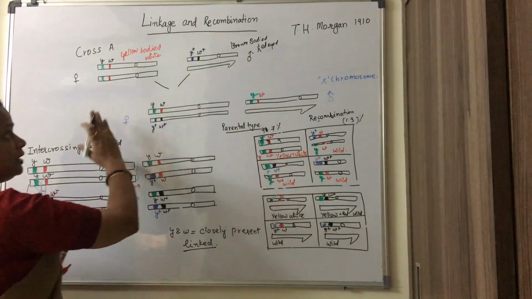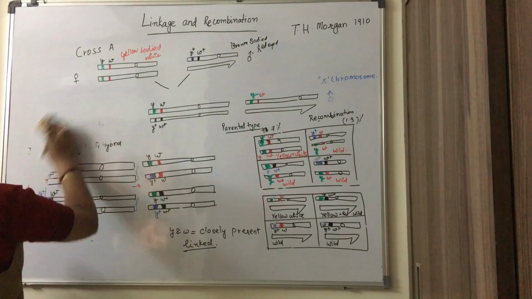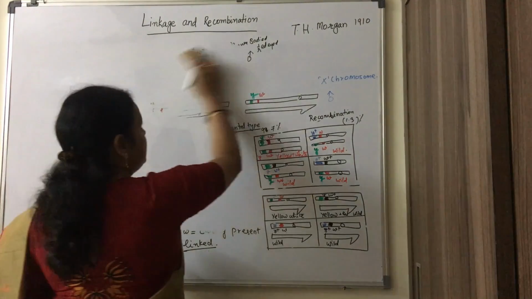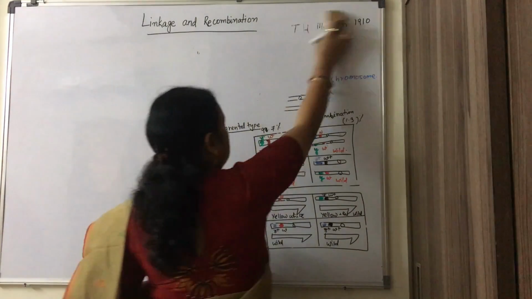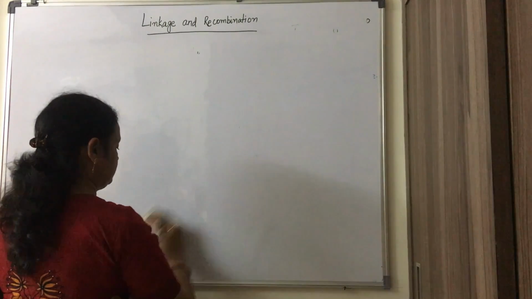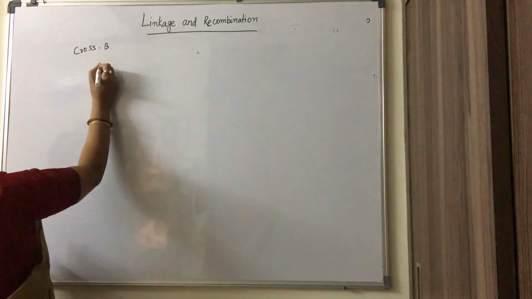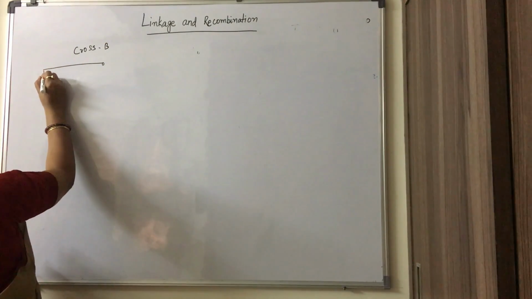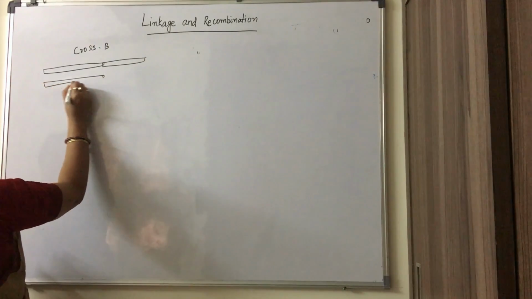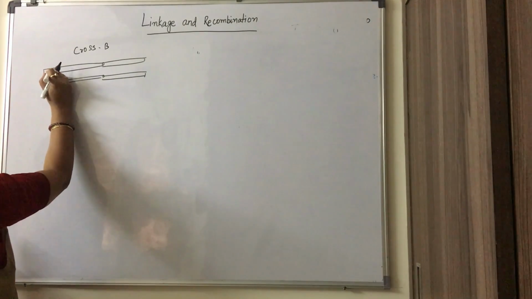The same thing we can say in another cross, that is cross B. In this cross B, it is a chromosome where two genes were selected, but these two genes were distantly placed.